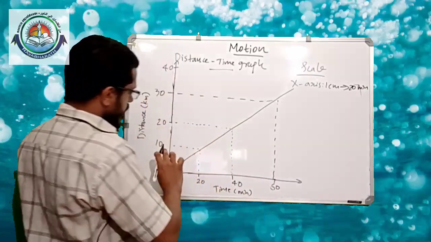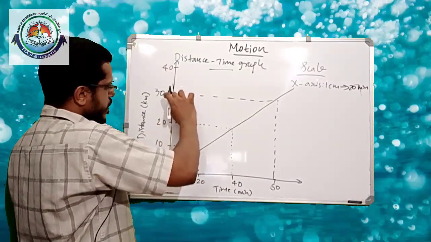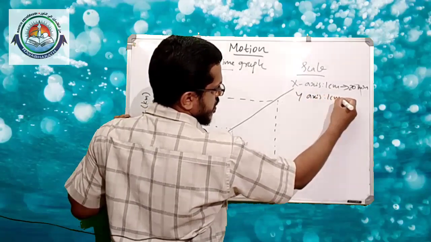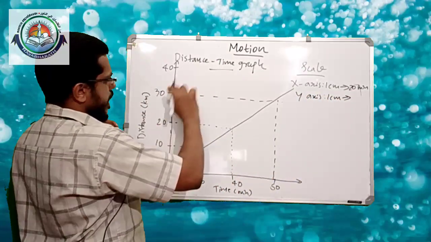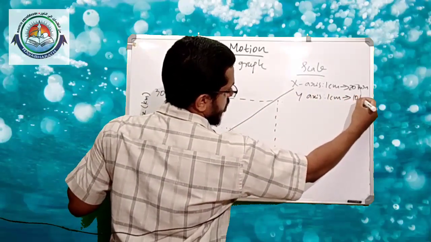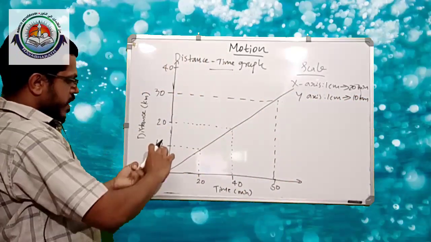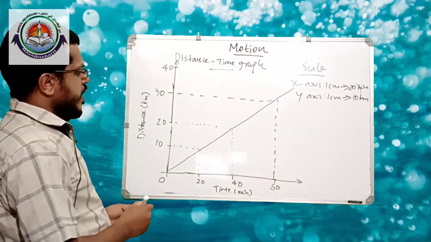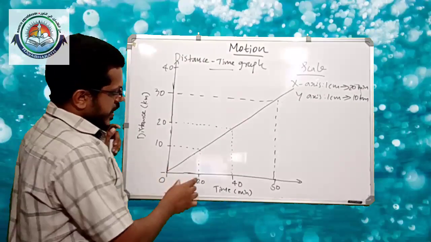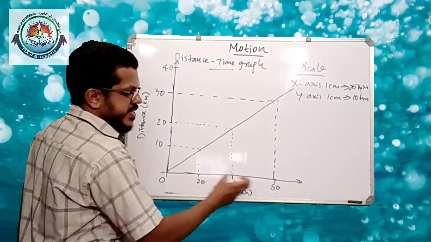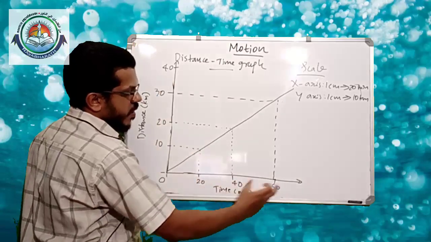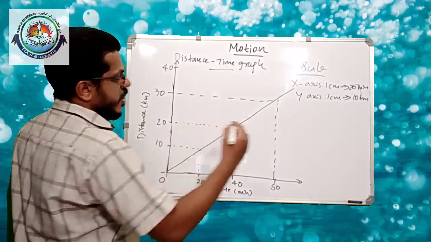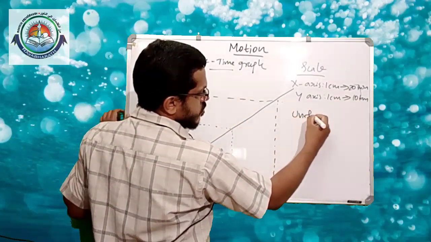And on the y-axis 1 centimeter gives how much? 10 kilometers. 1 centimeter is 10 kilometers. That means here the object travels equal distances in equal intervals of time. That's why it is a graph of uniform speed.